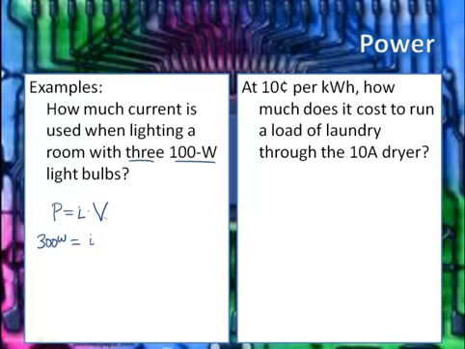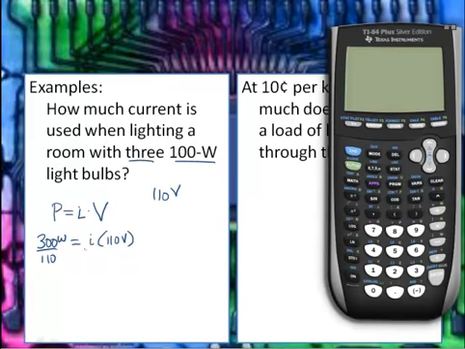Voltage wasn't given, but I'm going to assume standard out-of-the-outlet AC power, which would be 110 volts here in America. So we divide 300 over 110, which is roughly 2.7 amps.